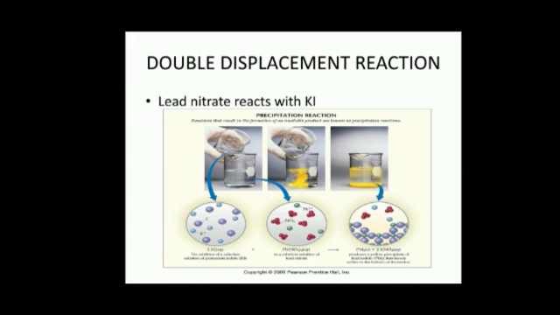You can see in the first picture, in both the beakers, aqueous solution of KI and aqueous solution of lead nitrate are looking like water, completely transparent. But as soon as they are added into each other, see what happens. In the second picture you can see yellow precipitate started appearing.